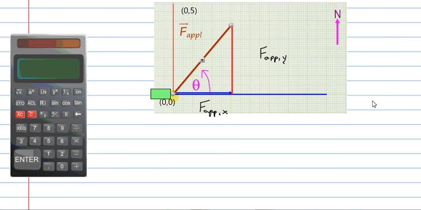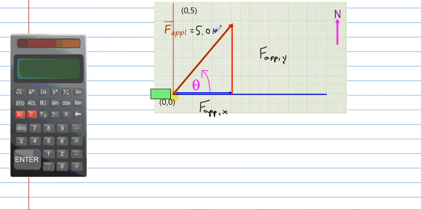So of course now, what you've all been waiting for, the math. We'll try a worked example here, a very simple example, but what we're going to do is ultimately determine the magnitudes of the two components of this particular vector F applied. So what I'm going to need is some data, some values. So we're going to call, for the sake of argument, F applied 5.0 newtons.